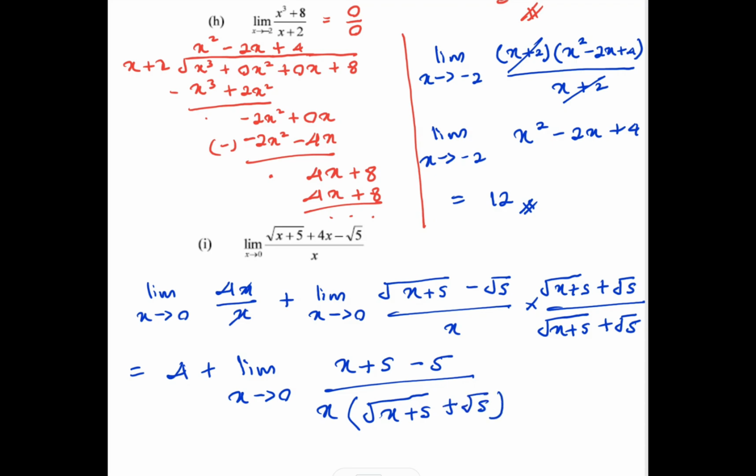So you can simplify here, and then the x you can simplify. So when you substitute 0 for x, you can get 4 plus 1 over 2 square root of 5. So that is the answer for question I.